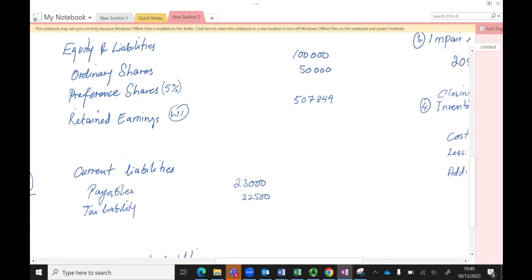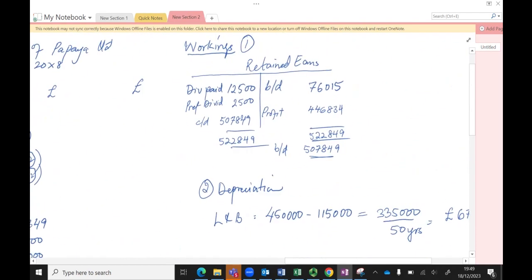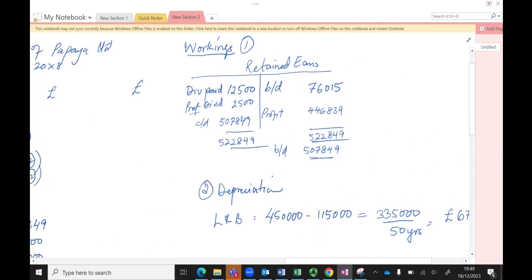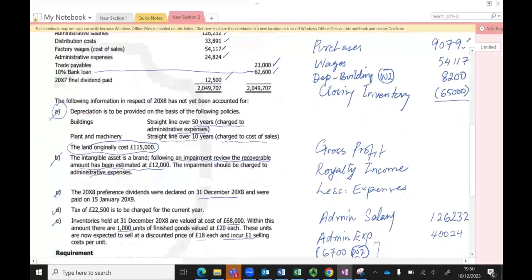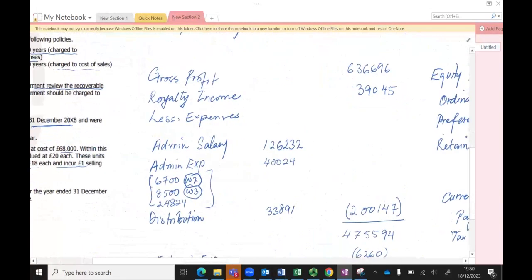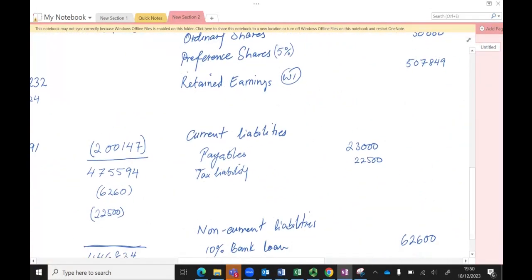The total of liabilities, and remember that this liability of preference dividend will be paid in the next year, as it was written in the notes. The dividend has been declared, but it will be paid in January 2009. That means we need to record 2,500 as a liability. Preference dividend payable, 2,500.